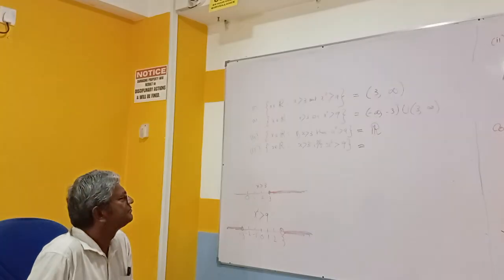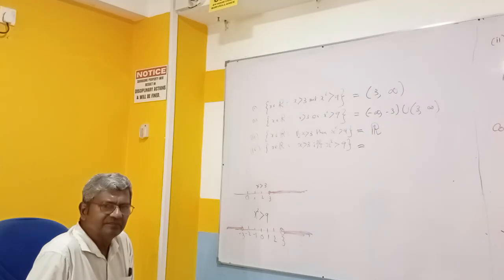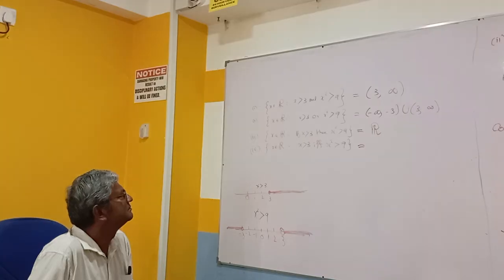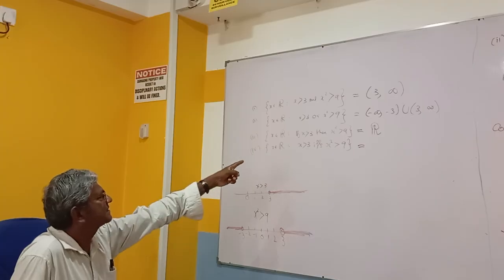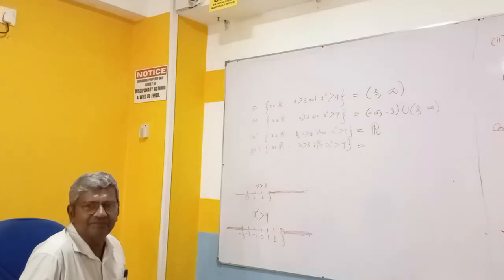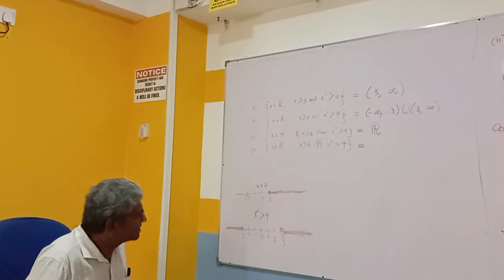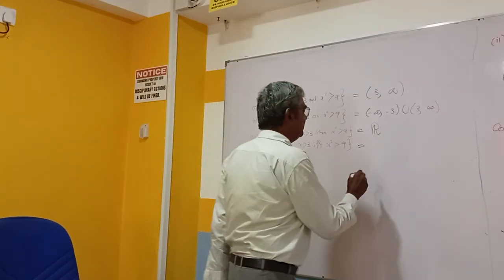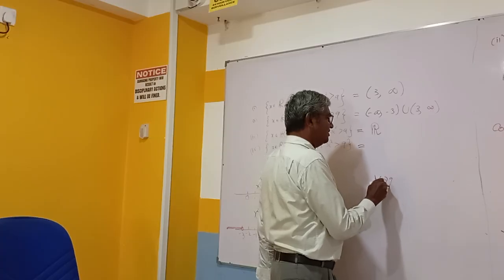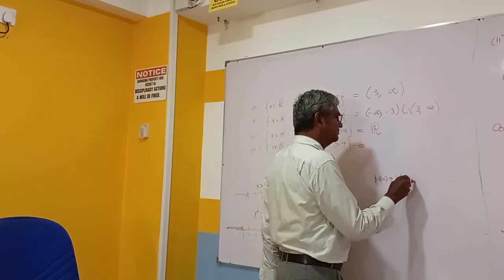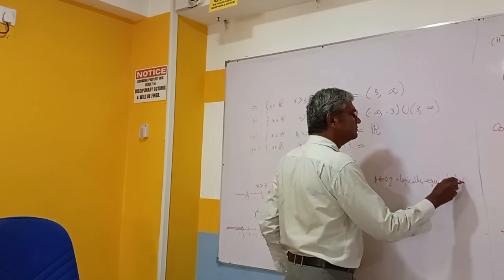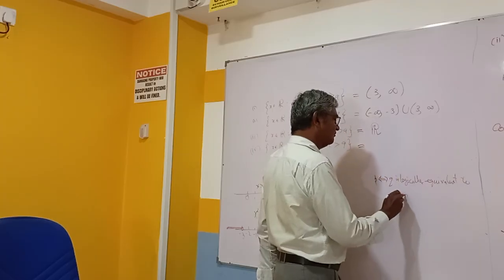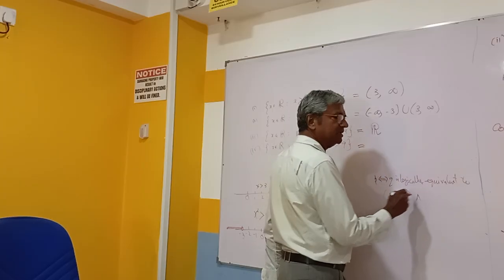Is he right? Now, if x greater than 3, then x squared greater than 9 is R. So the last one, P if and only if Q, is logically equivalent to P implies Q and Q implies P, no?